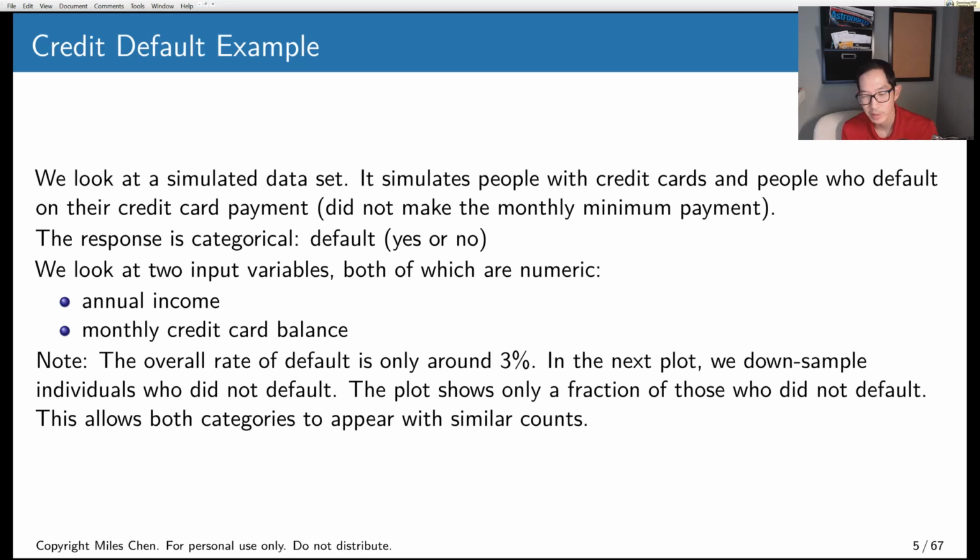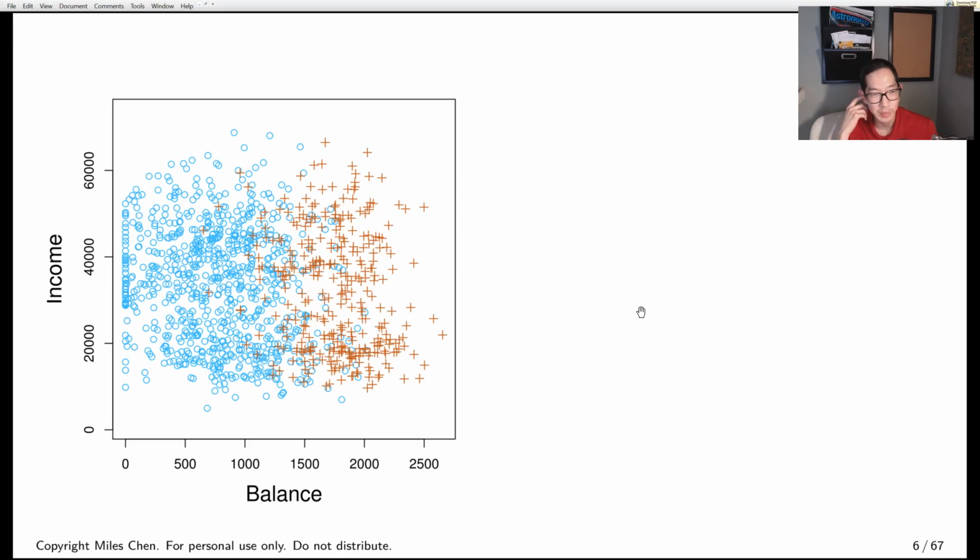There are a few ways to downsample, but in this case we're downsampling so that both categories appear with similar counts. Say there were 1,000 people total in our data set and 30 of them defaulted. Rather than showing you 970 people who didn't default, we randomly sample only, say, 30 out of the 970. So you have 30 people who defaulted and 30 people who didn't default. That's what it means to downsample.